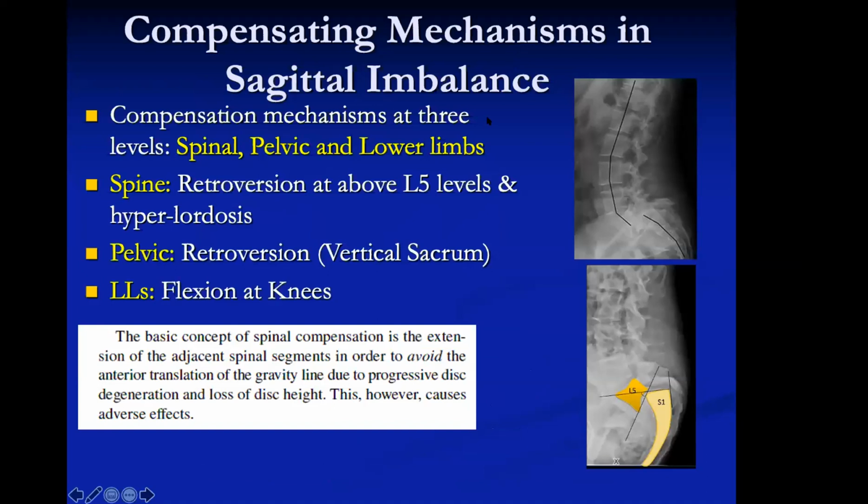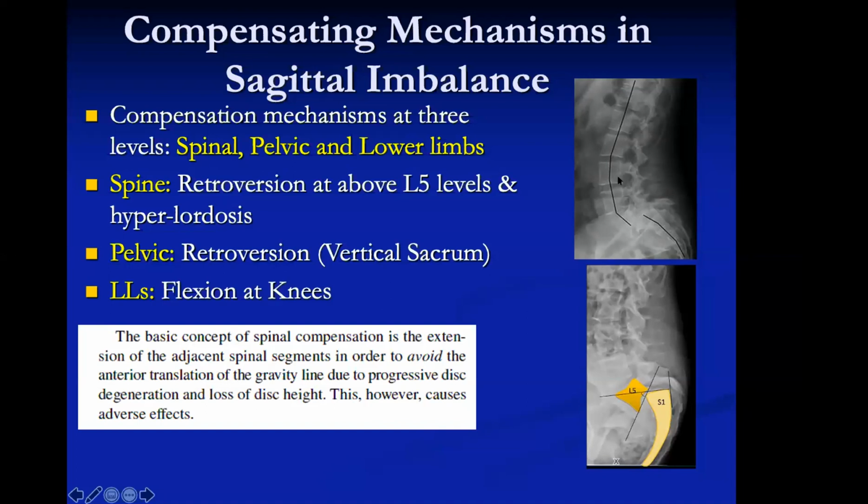So when there is a spondylolisthesis, for example, here there is an L5-S1 spondylolisthesis, the trunk is getting pushed anteriorly. So this is easy to understand. To compensate this, as I described in the first few slides, the upper lumbar spine compensates.